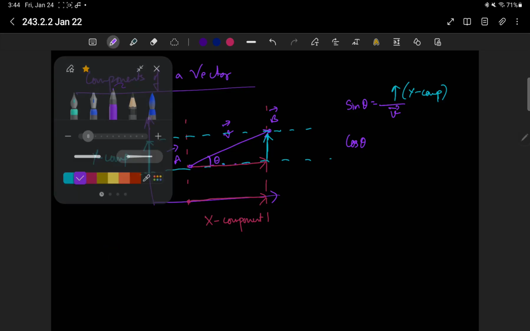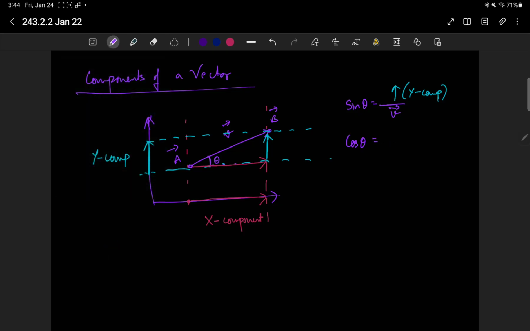Whereas cosine theta, being adjacent over hypotenuse, has the adjacent in this case as your x component. So that gives us this relation: the magnitude of the x component is the magnitude of v cosine theta, and the y component is the magnitude of v sine theta. So that's all there is. You're looking at two different shadows of the same vector.